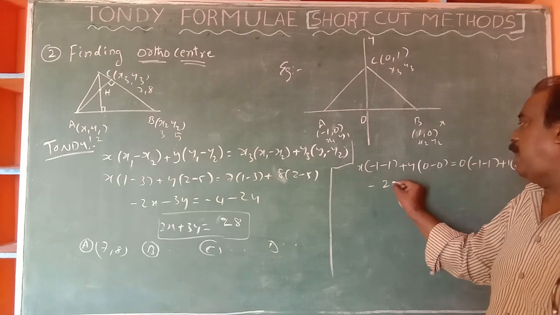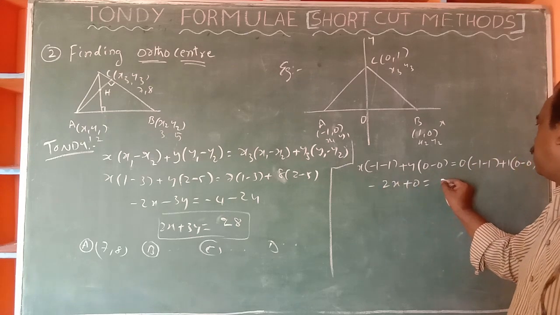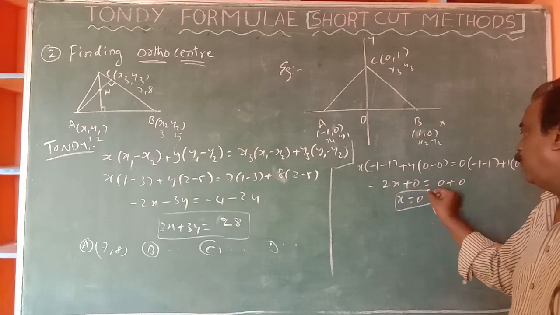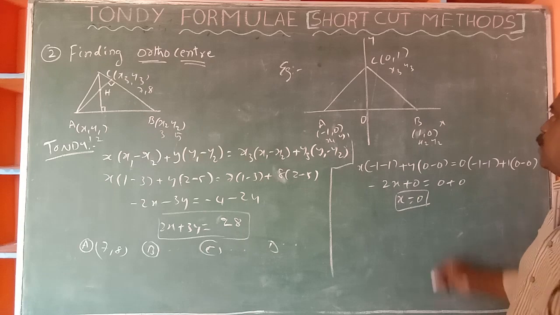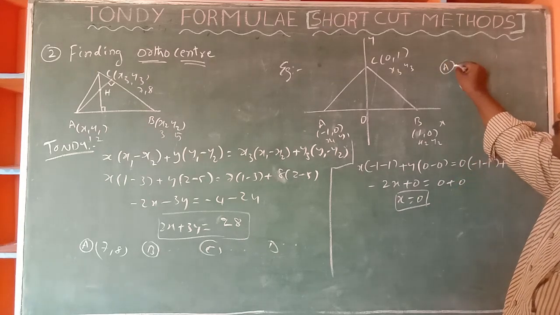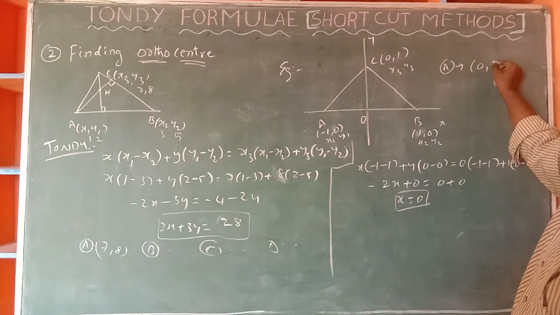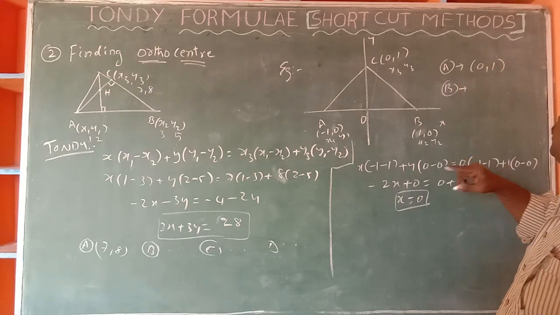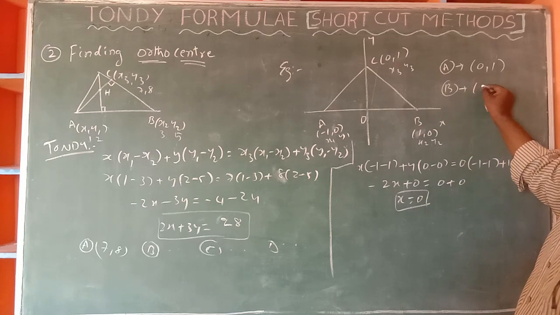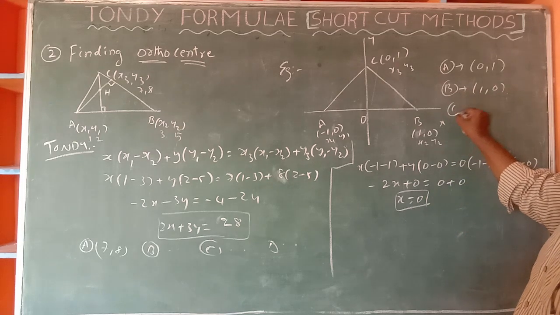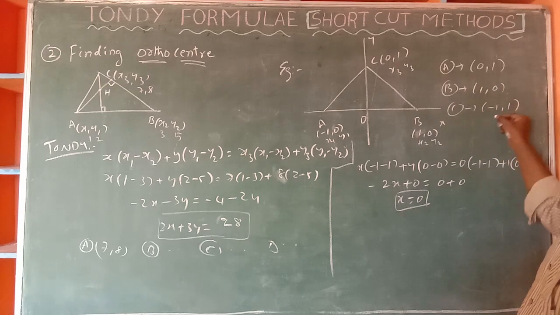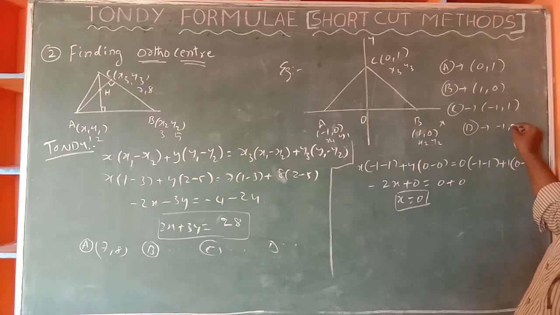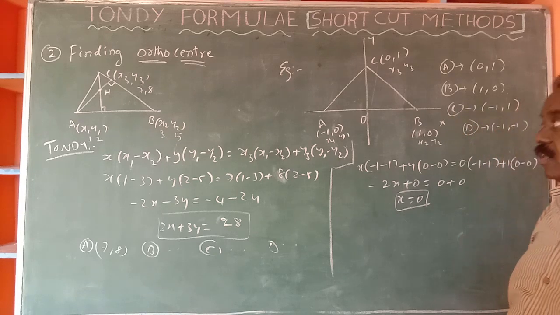You see, this is minus 2x plus 0 is equal to 0 plus 0. So x is equal to 0. Suppose the first option is (0, 1), the second option is (1, 0), the third option is (minus 1, 1), and the fourth option is (minus 1, minus 1).